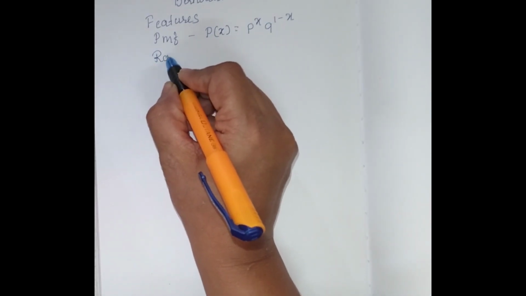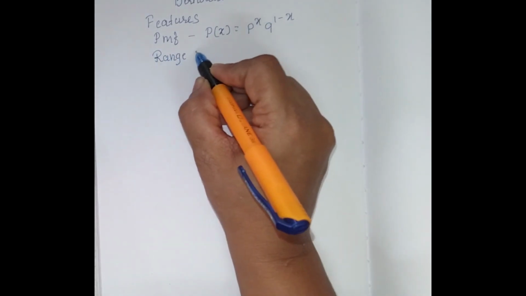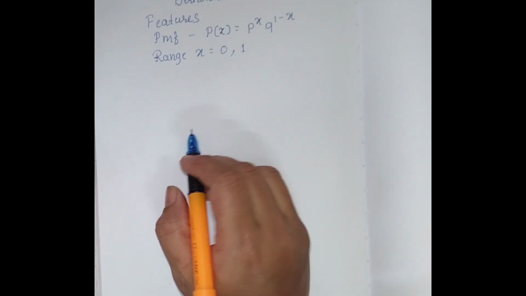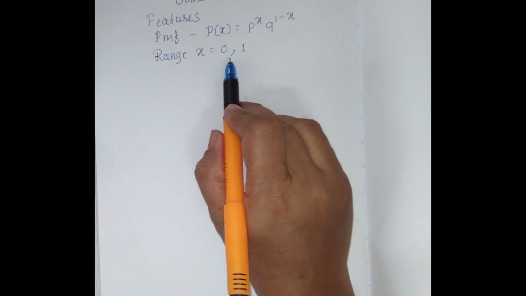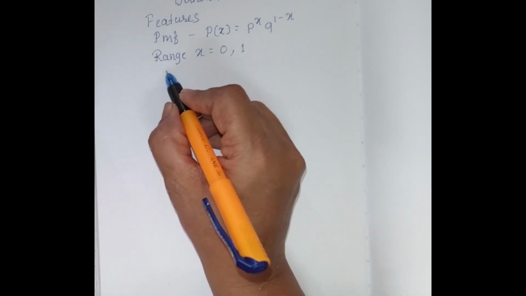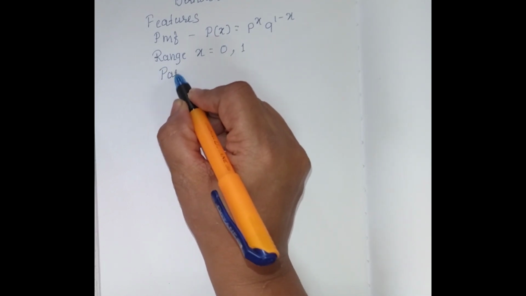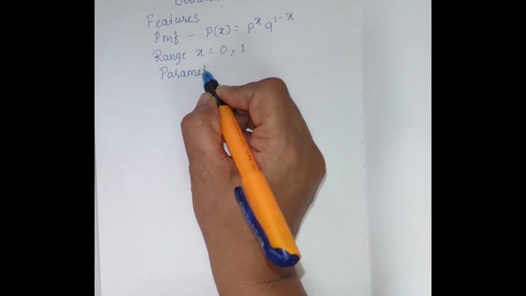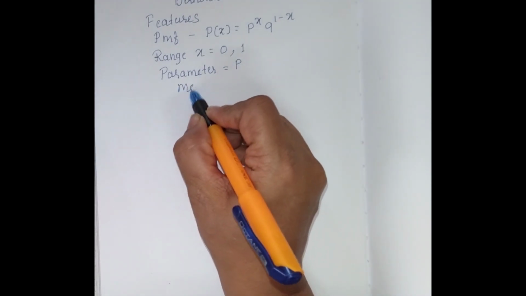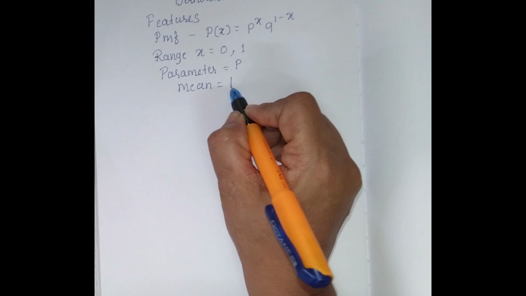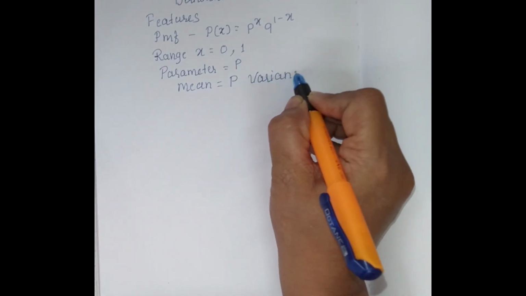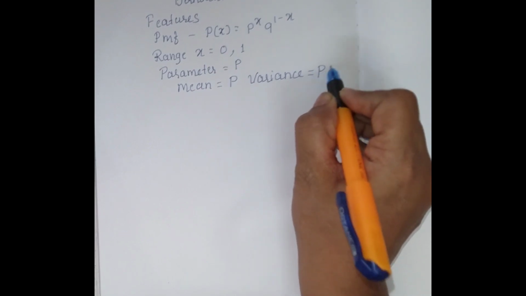What is the range of this? The range is x is equal to 0 and 1. The range is only 2 values here, 0 and 1. Then the parameter is P. The mean is equal to P. The variance is equal to PQ.